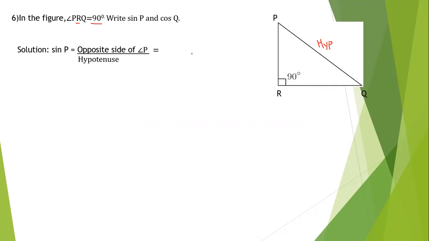Now let us see where is angle P in this figure. We can see angle P over here, right? Now which side is opposite to angle P? Side QR, or you can write RQ also, but normally we follow the alphabetical order, so I am writing QR.